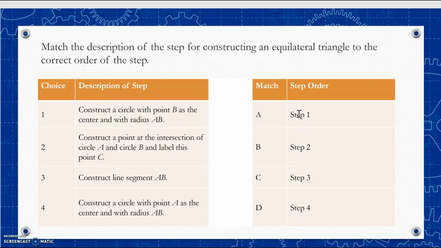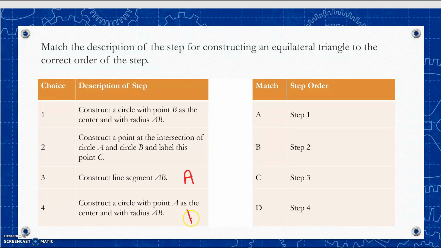Let's draw these. Alright, then we are going to construct a circle with point A as the center with a radius of AB.